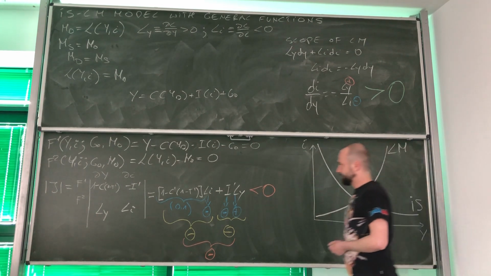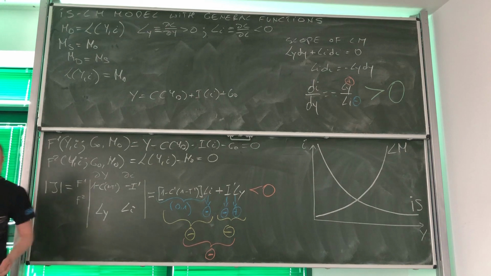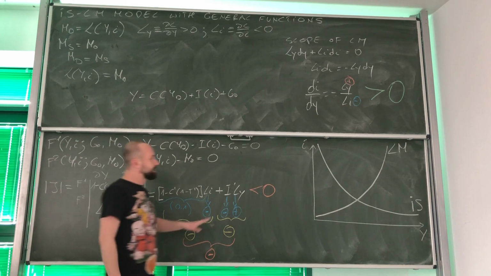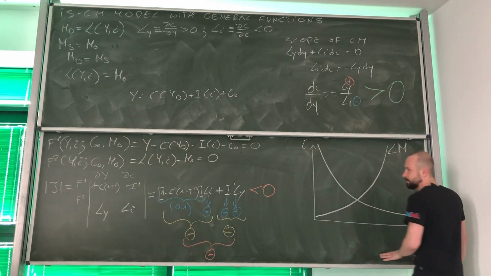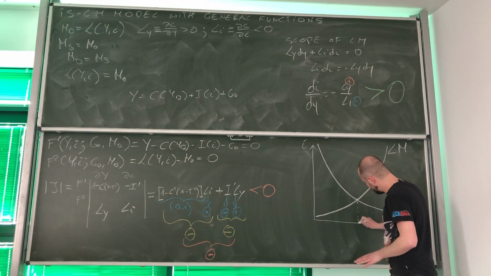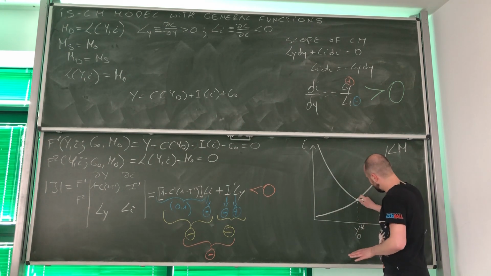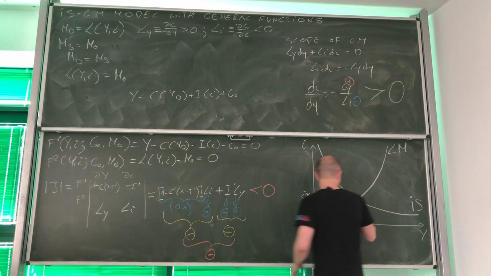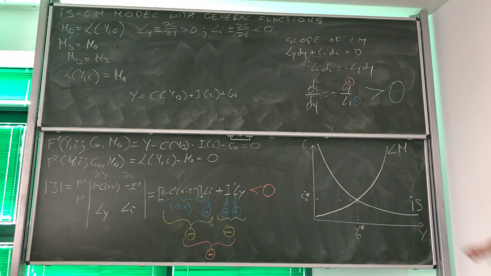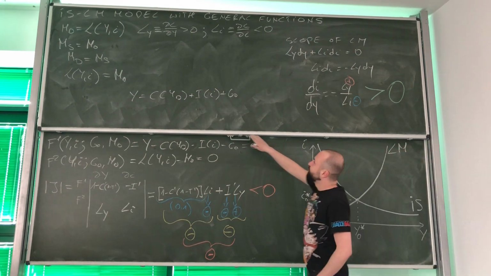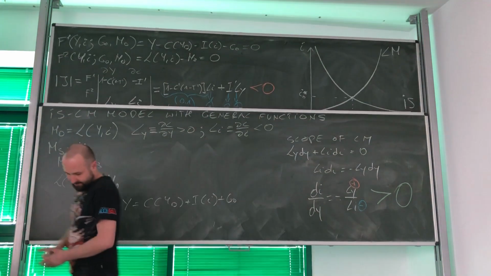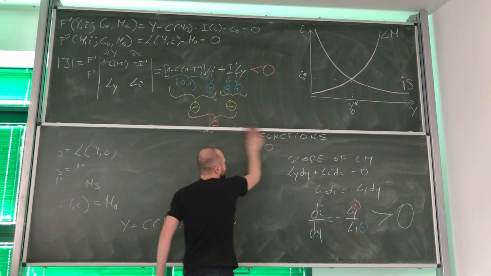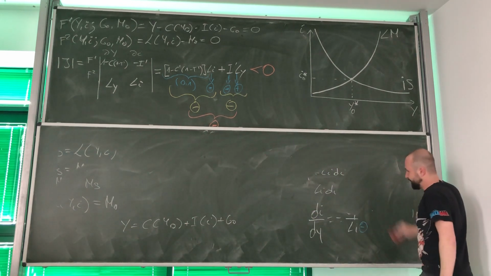What does it mean for us? Look, here, let's start with graphical interpretation. Graphically, it means that there exists a point where IS and LM intercept with one another. But for us, it also means that these two functions are implying two different functions that are actually of interest to us.